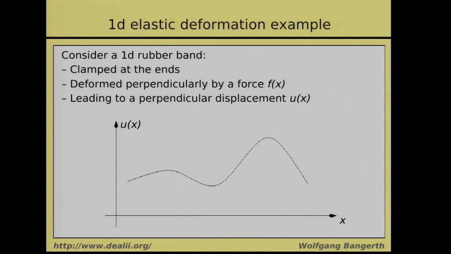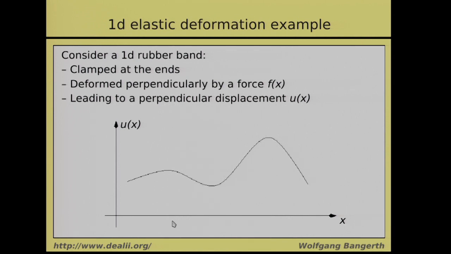So if you think about a rubber band, for example. Let's say I take a rubber band, and I stretch it a little bit, and then I hold it between my two fingers, and I'm going to clamp it at the ends. In the simplest case, of course, you would get a straight line. But let's say you apply a perpendicular force.